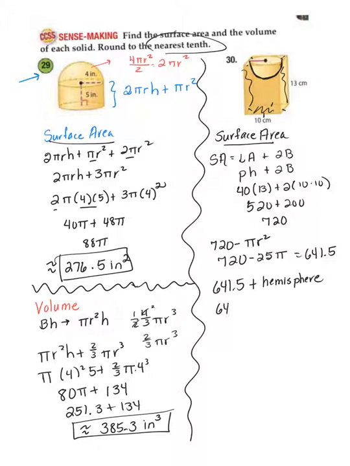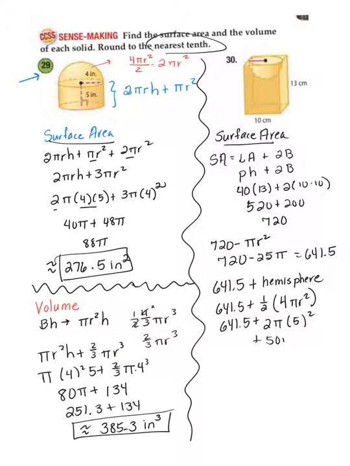So 641.5 plus half a sphere, so half a 4 pi r squared. I'm going to clean that up because I don't want that to be confusing being so marked up. Okay, so I'm going to have 641.5 plus 2 pi 5 squared. 5 squared is 25, so it's going to be 50 pi.